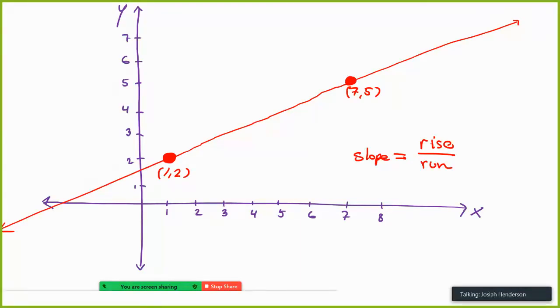So I need to find the change in height between my 2 points. And I've got to find the lateral, horizontal change, left and right, between the 2 points. So let's start from the 1 comma 2, this guy on the left. And I'm just measuring upwards, straight up. How high do I go before I reach the height of my other point?